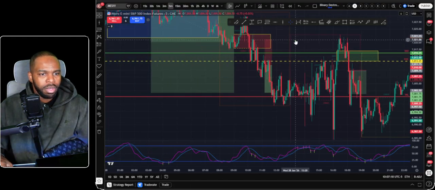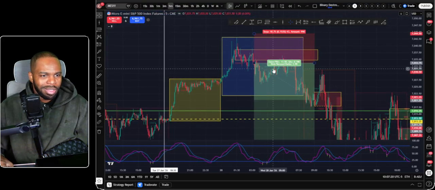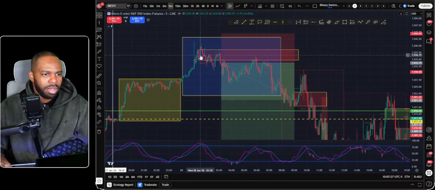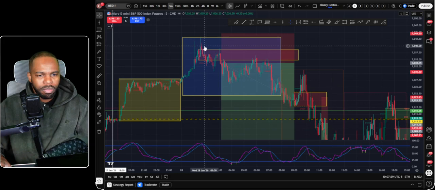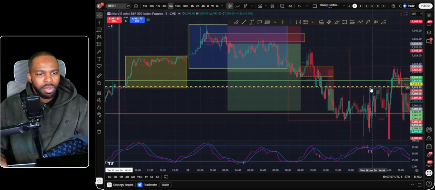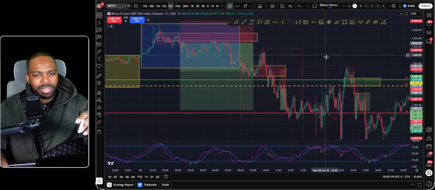But the better move was in London session, because we got the session sweep. London swept the previous session, which was the Asian session. We had a breaker block right here. We waited for price to close below it, and once price pulled back into this breaker block, we took a trade to the downside towards these three key levels.